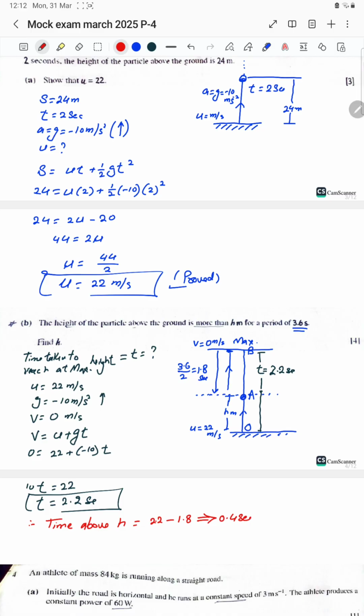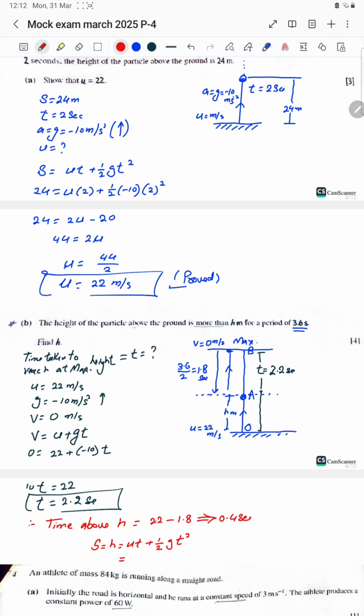It will be at the maximum height, 0.4 seconds it will be at the maximum height. So now, as we are looking for h, s or h will be ut plus half gt squared.